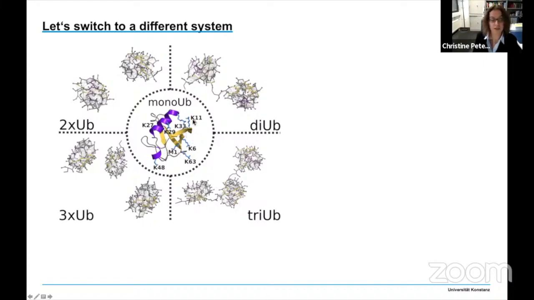So here in the center, you see the protein ubiquitin. It can form chains, so you can string multiple of these ubiquitin proteins together with different linkage topologies because you can connect the chains through different side chains of the original ubiquitin. But for the present talk, actually the linkage topology is not the major point.